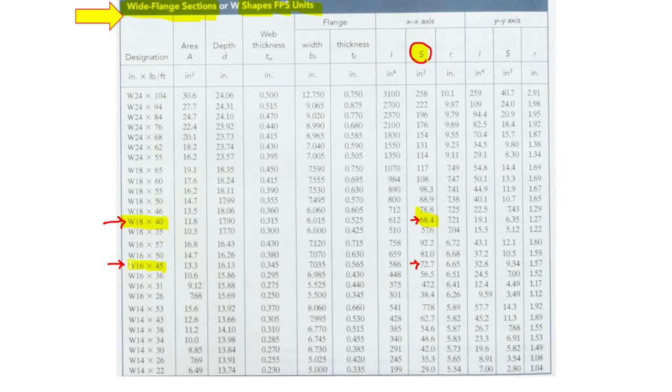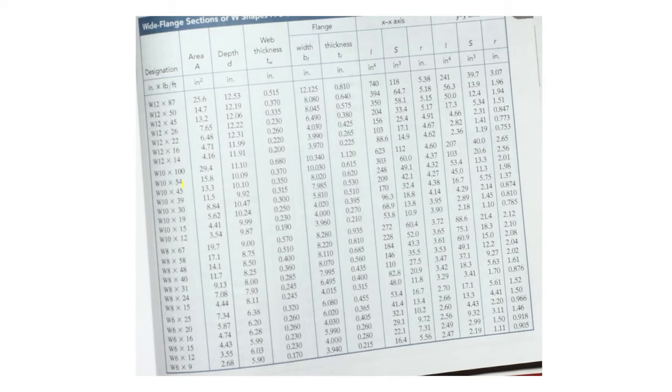The other one is W16 times 40. It's a 72, a bit too high. W14 times 43, that's an S of 62.7. That's a good one. And we can also have W12 times 50, 64.7.